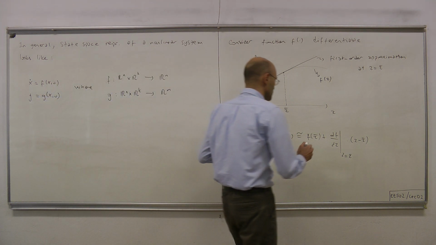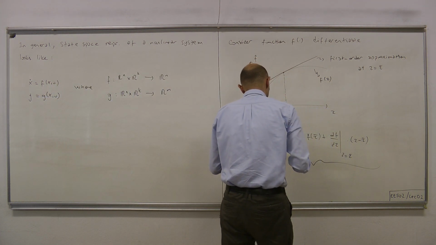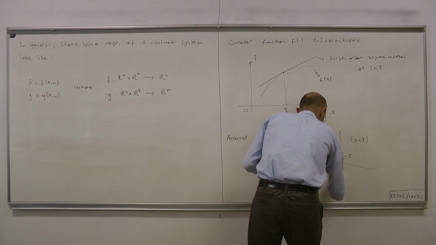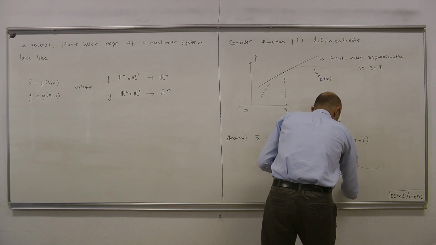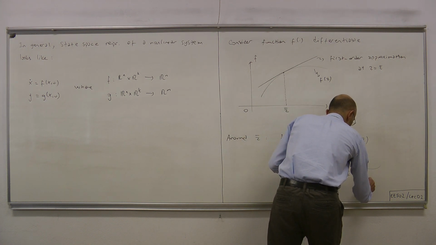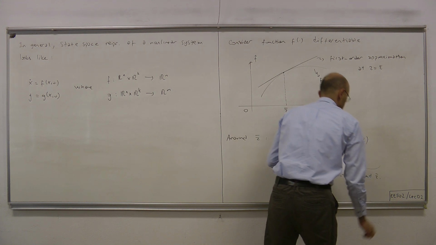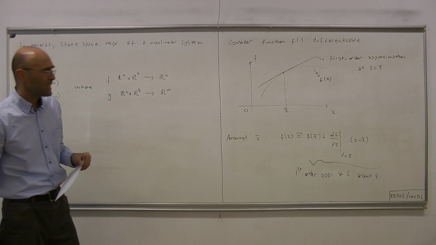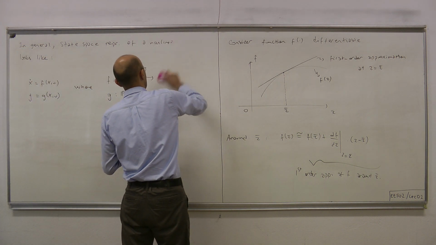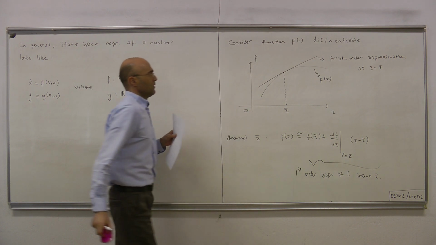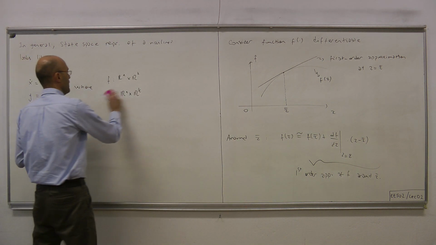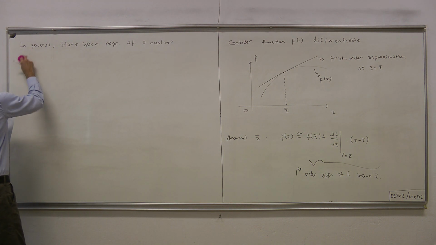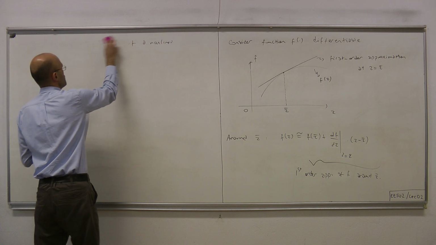So this thing is called first order approximation of f around, or at, z bar. Now we're going to take this nice tool of expressing a nonlinear curve by a line, and we're going to generalize it to more general functions.